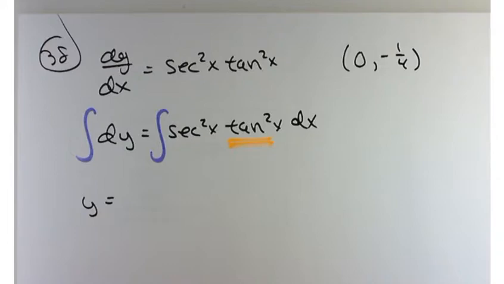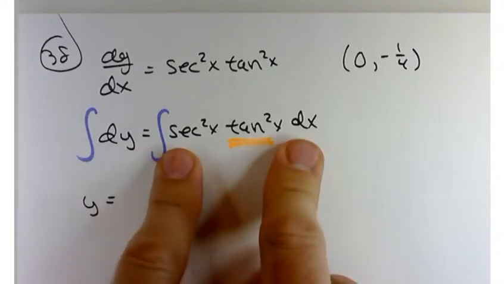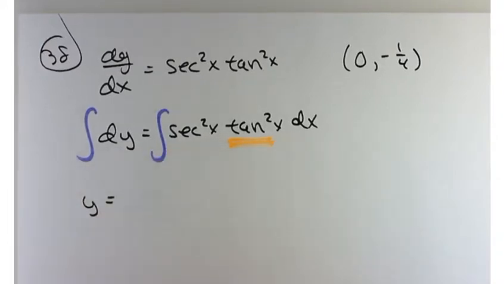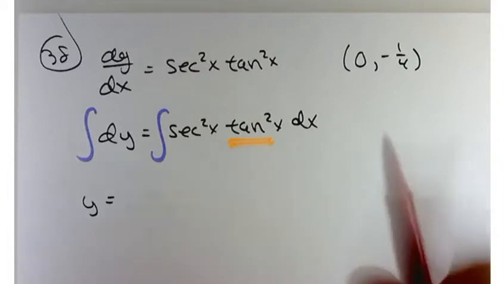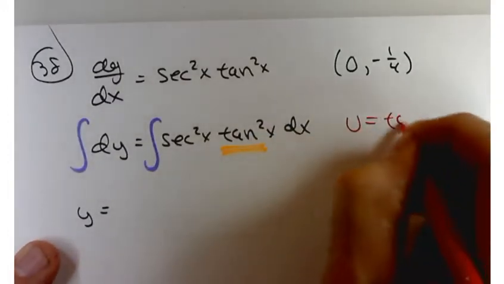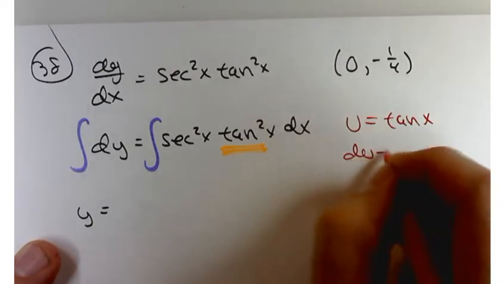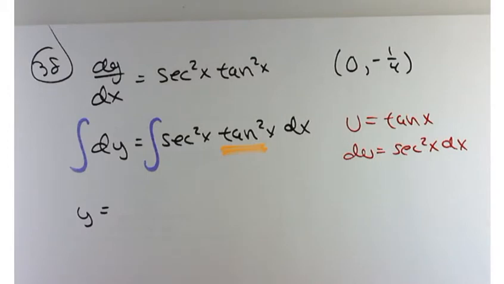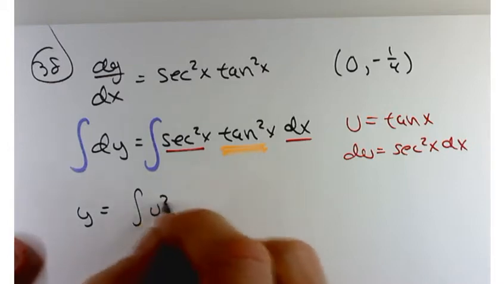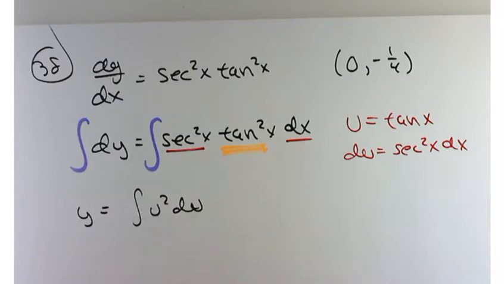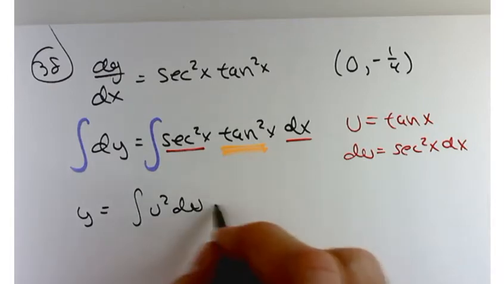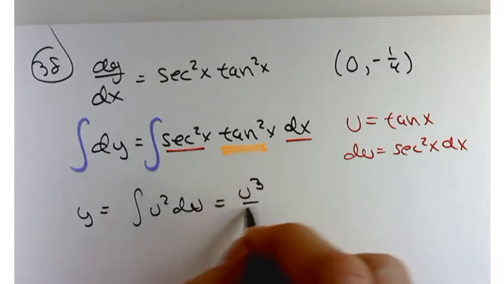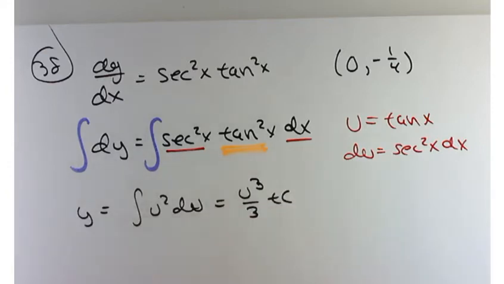So it's suggesting that this is our u substitution because we've already got a du term built in. U equals a tangent of x. Du is secant squared of x dx. Perfect, because that's right here. I get the integral of u squared du, which of course is u cubed over 3 plus a constant.